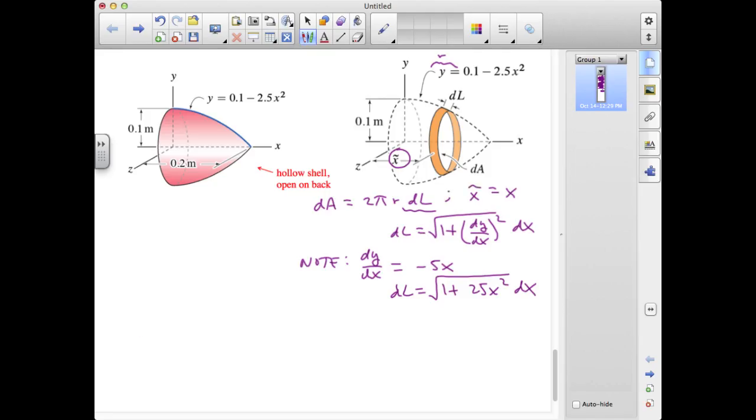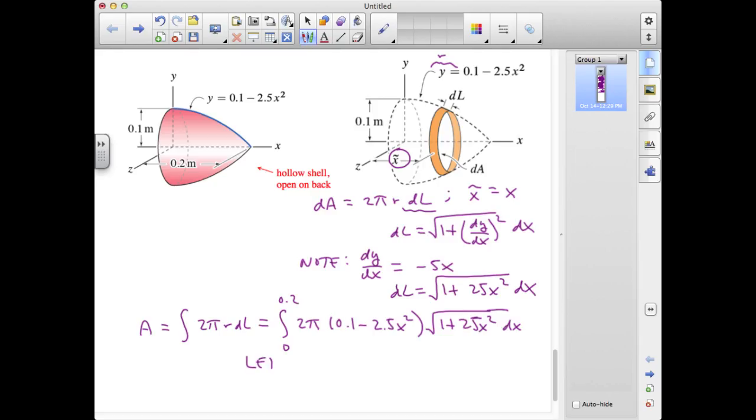So now our area is going to be the integral from 0 to 0.2 meters of 2 pi times the radius, which is just the bounding surface y. It's 0.1 minus 2.5x squared. And then we're multiplying that by dl, which is the square root of 1 plus 25x squared dx.